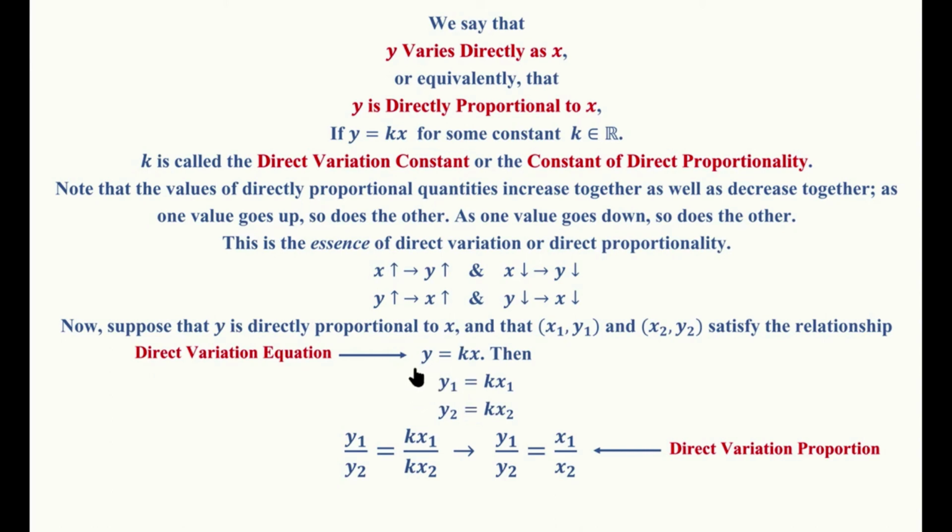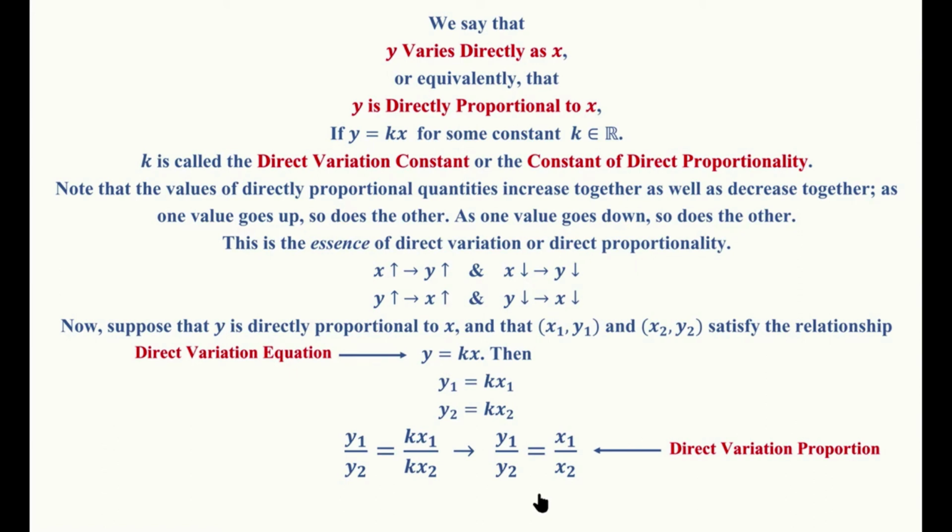With the direct variation proportion, you don't have to find the constant of variation first. So this is kind of like a shortcut that helps us bypass that. But a lot of problems require us to find the constant of variation anyway.